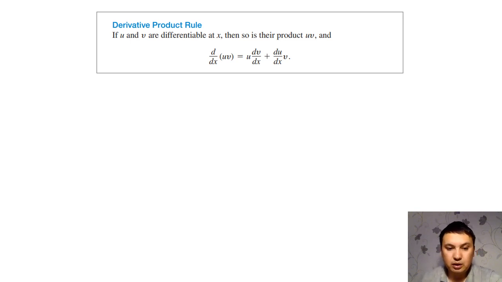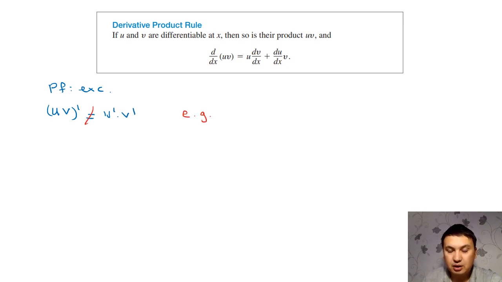I'm not going to give the proof, so the proof is left as an exercise for you. However, let's see why it seems non-trivial. One of the common mistakes is to regard the derivative of uv as the derivative of u times the derivative of v, but this is not true.